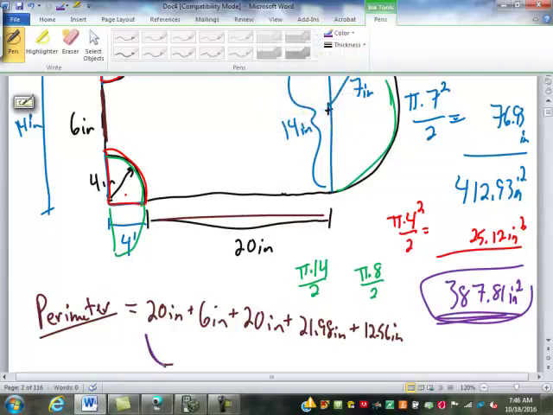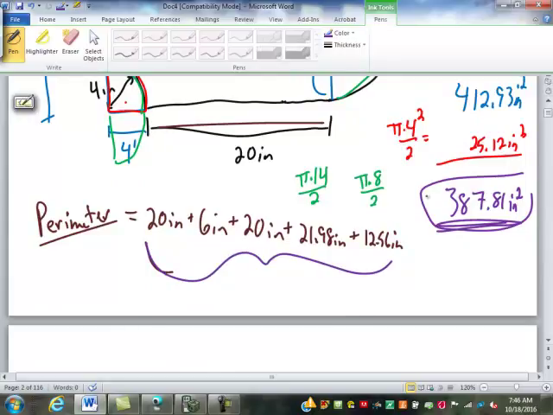I add that all together, I am going to get 80.54, I believe. Does that look right? Yep. Okay. Anybody get that one?